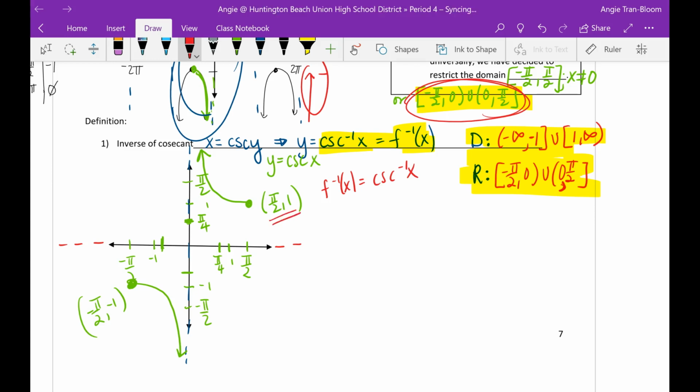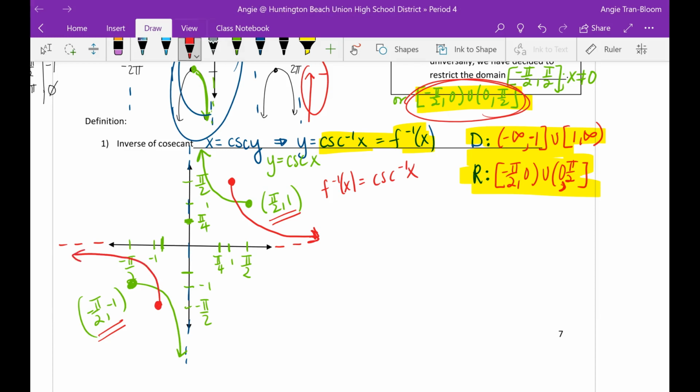This point used to be pi over 2, comma 1, so now it's going to be 1, comma pi over 2, which is that piece. And remember, you're going to be heading towards your asymptote, so go that way with an arrow. Then the other piece, it used to be negative pi over 2, comma negative 1, so now I'm going to go negative 1, negative pi over 2, and again, head towards your asymptote.